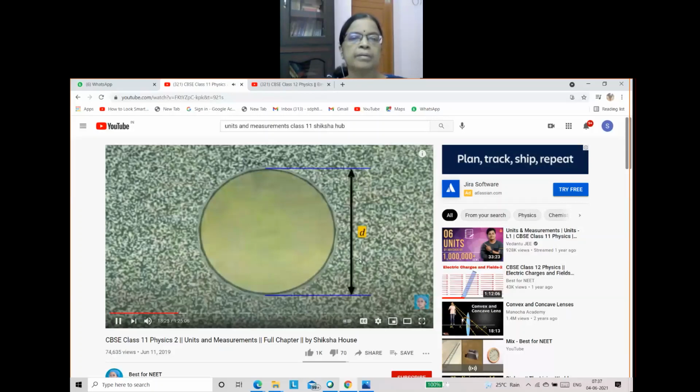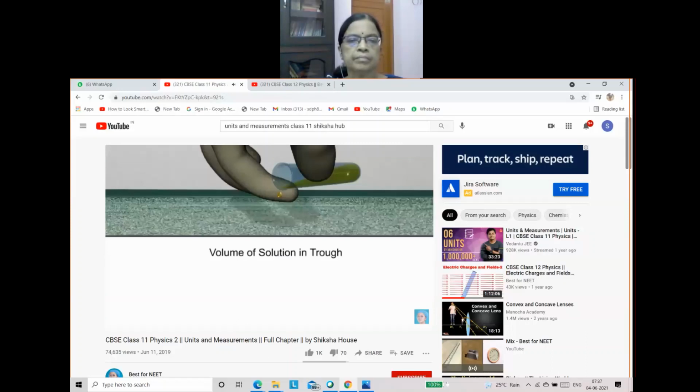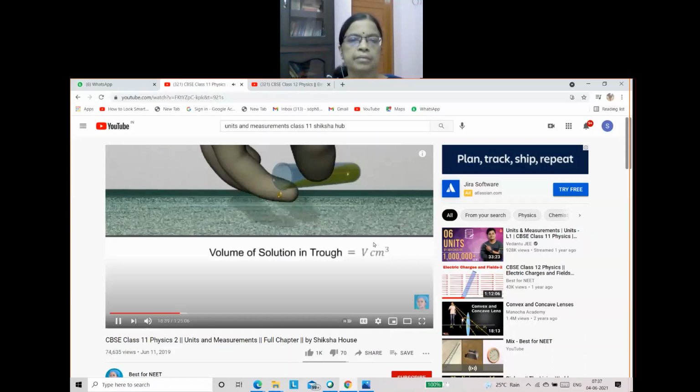Let the approximate volume of a drop of solution dropped on the surface of water in the trough be V centimeter cube. As the concentration of oleic acid is 1 by 400 in the solution, the volume of oleic acid in each drop of the solution is V by 400 centimeter cube.